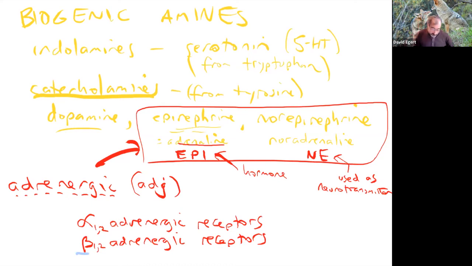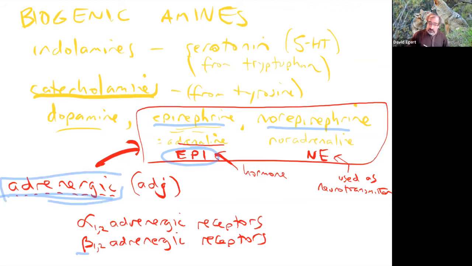So adrenergic, pertaining to adrenaline or noradrenaline or epinephrine and norepinephrine. Epi, like an EpiPen, if you jam someone with an EpiPen, you're basically jamming adrenaline into their thigh. All right, so we'll come back to this as well.